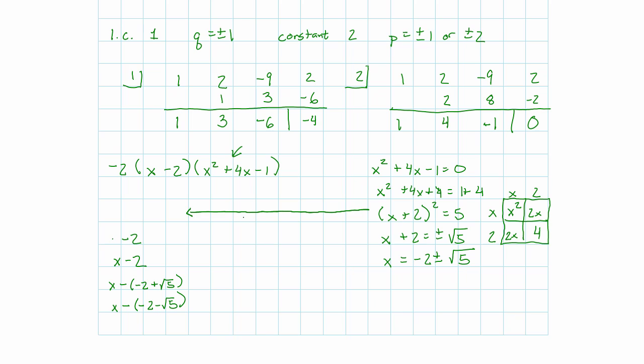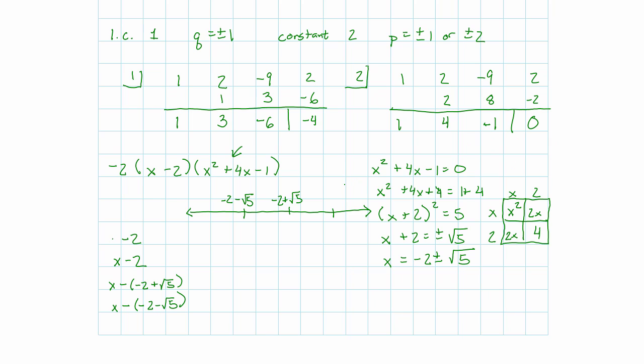Well, I have 3 zeros, and negative 2 minus root 5 is the smallest because that's negative. Negative 2 plus root 5, well, that's smaller than 1, right? Because root 5 is smaller than 3.